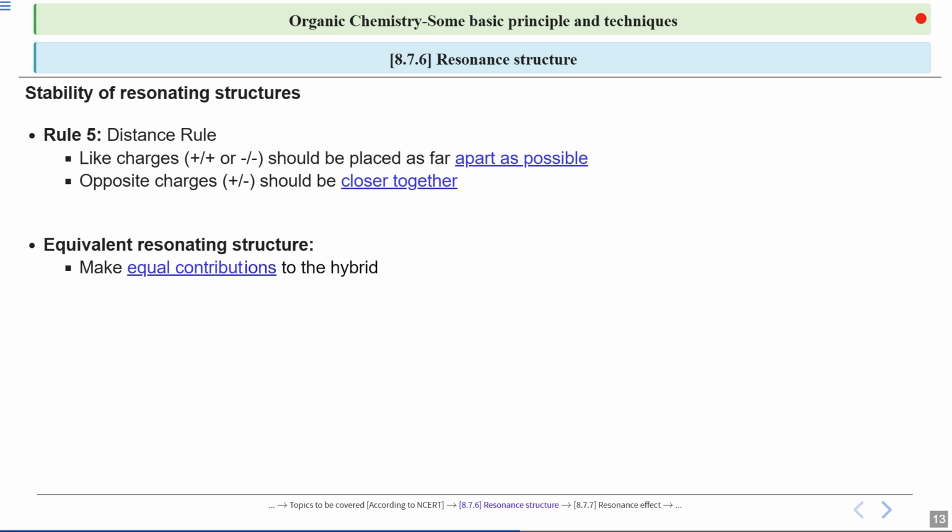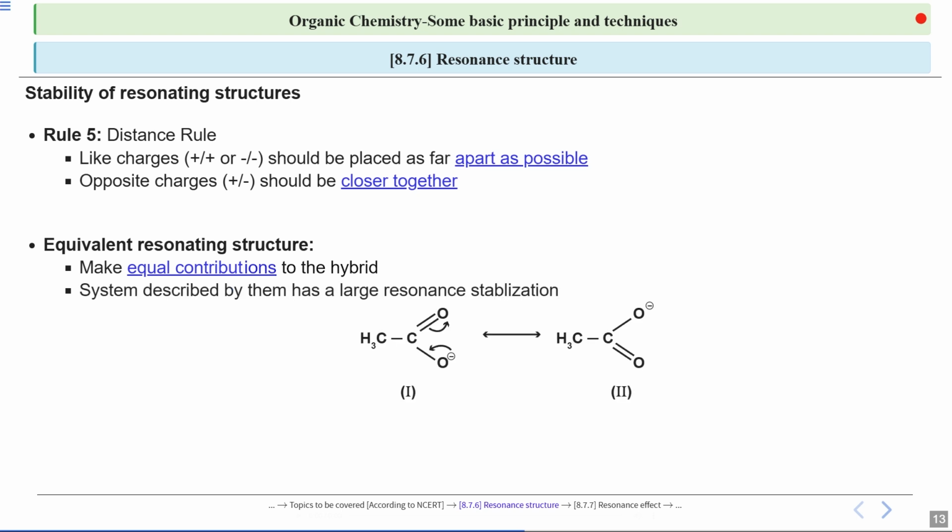Now it is seen that equivalent resonating structures make equal contribution to the actual structure or hybrid structure. For example, if you take the carboxylate ion, it can exist in 2 resonating forms. Both of these resonating forms are equally stable in terms of electronic distribution.